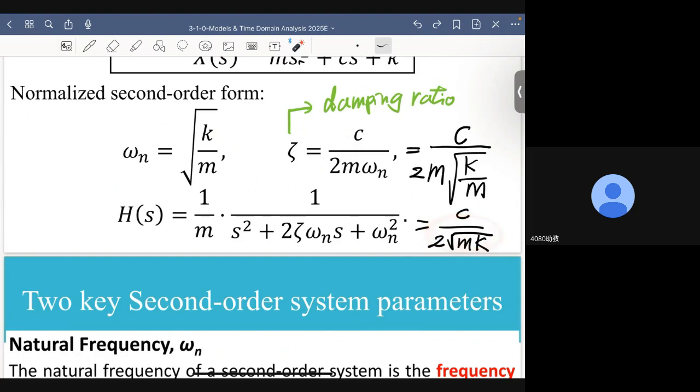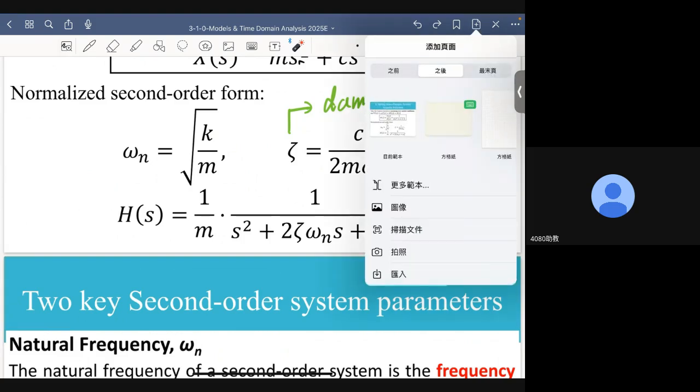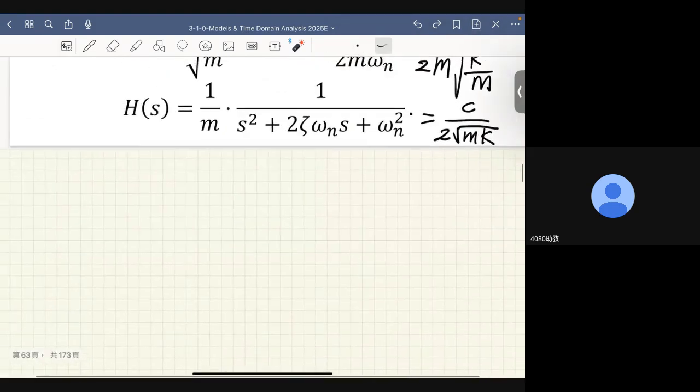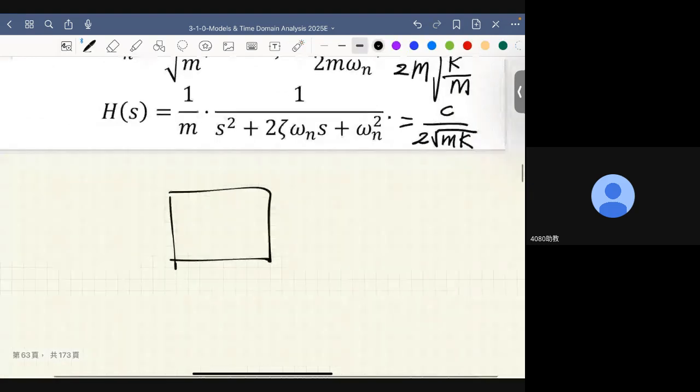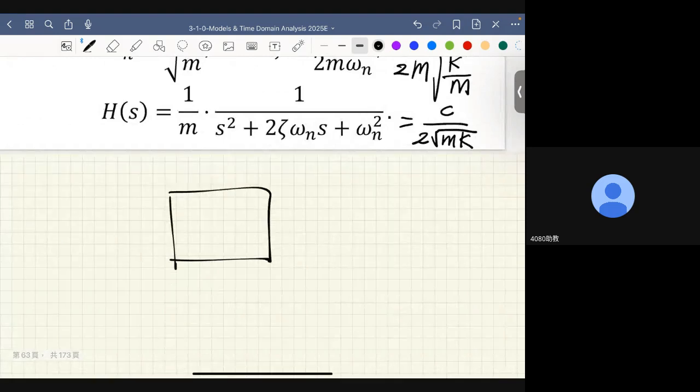Why is that the case? Remember that when developing the equation of motion for the spring mass damper system, we have a free body diagram, right? And the free body diagram shows you that there are several forces.